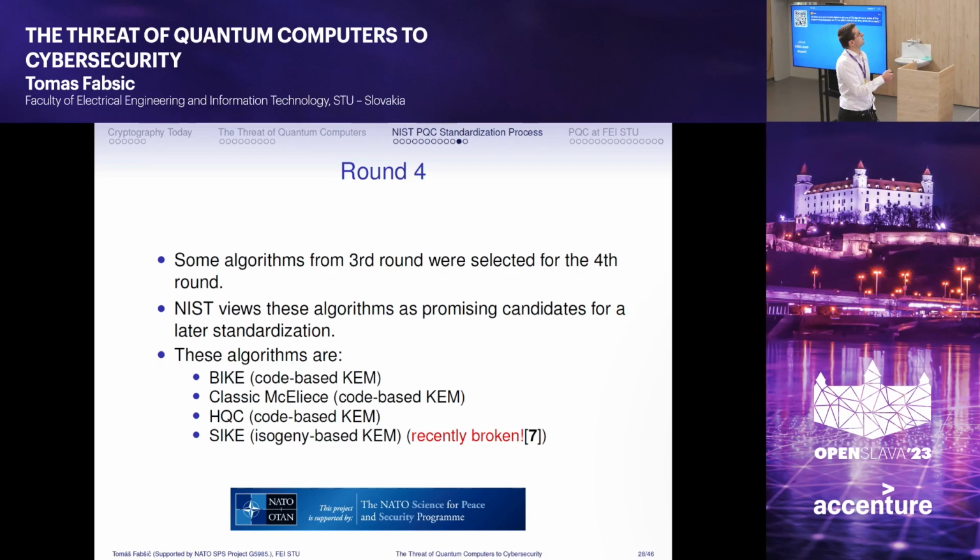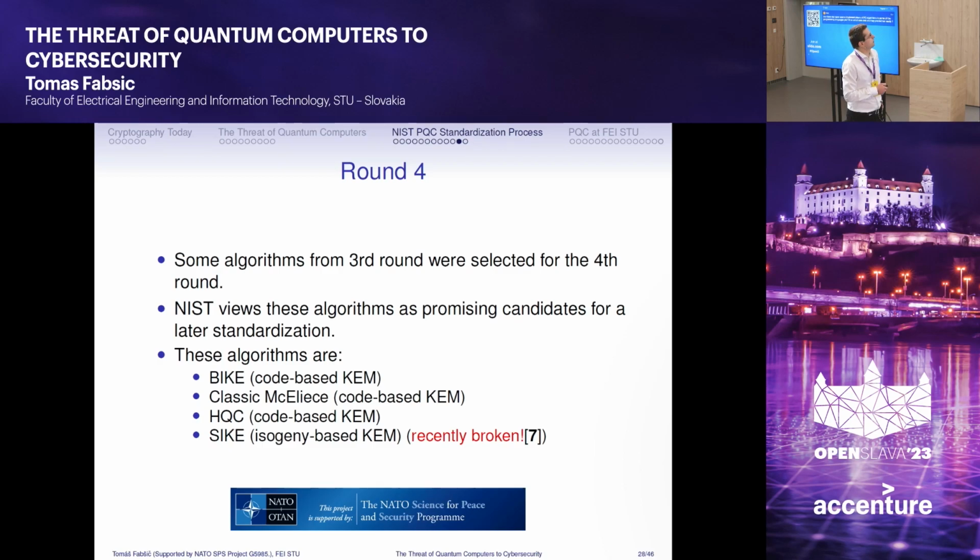So NIST also announced round 4 of their competition, and into this round 4 they selected 4 other cryptosystems that they find promising. All of them are KEMs, which is an abbreviation for key encapsulation mechanisms. So all of these 4 cryptosystems are used for key exchange, and NIST says that they would like to standardize at least one of them.